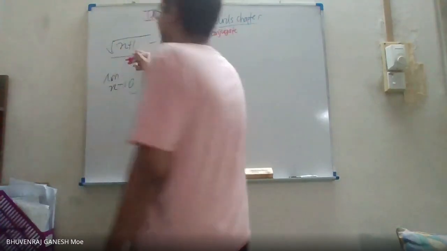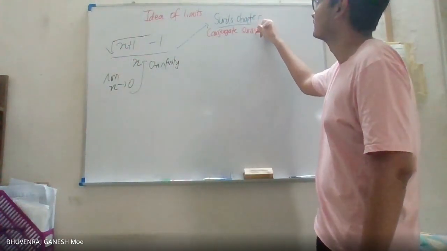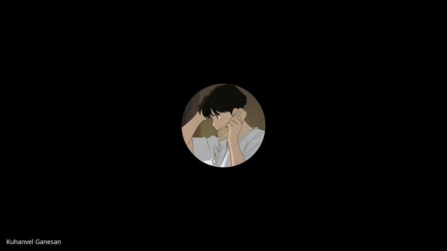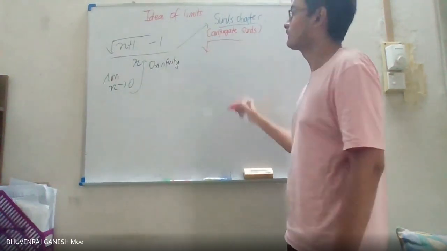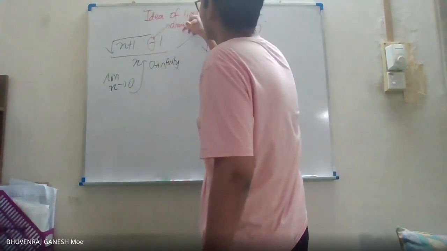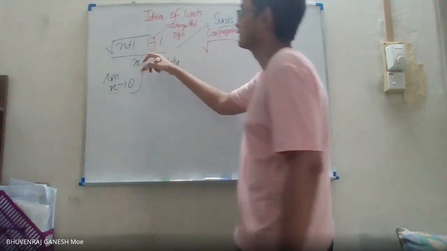Always when you see surds and you want to eliminate them, think of the conjugate. There's no other way. That's the basic thing. It's times by the same expression but with the plus symbol, right? Yes, correct. What we usually do in conjugate surds is change the sign. If it's negative, we put positive. Sometimes the surd will be down here, so we do the same thing.